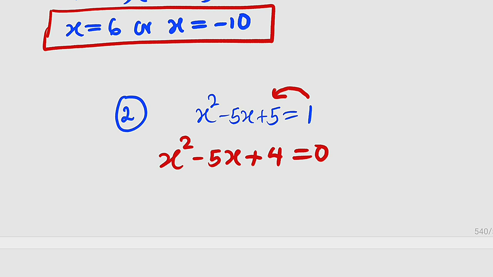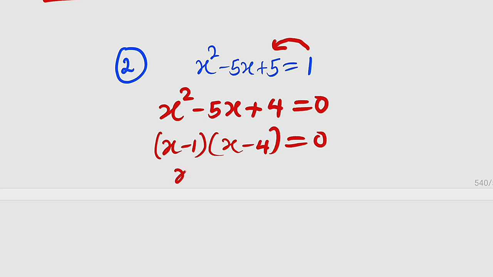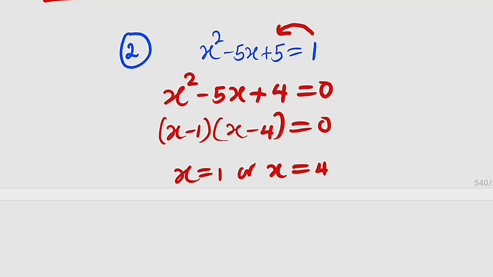Think of two numbers which when you multiply them together you get 4, but when you add them together you get negative 5, and the numbers are negative 1 and negative 4. So x minus 1 times x minus 4 equals 0, which implies that x is either equal to 1 or x equal to positive 4. Remember, we don't have an extra condition here, so these are part of the solution.